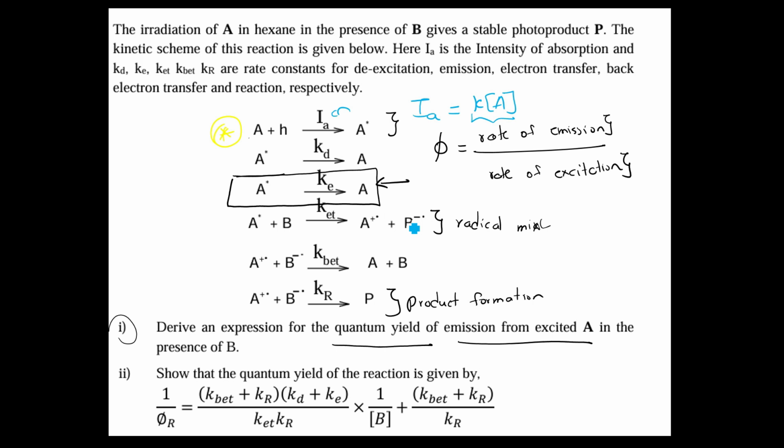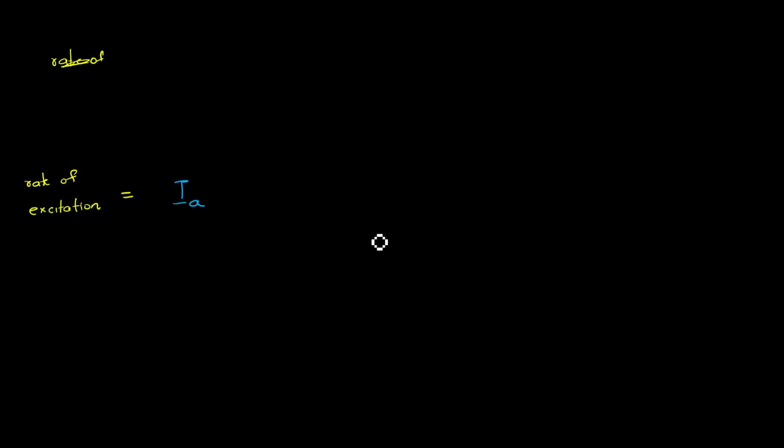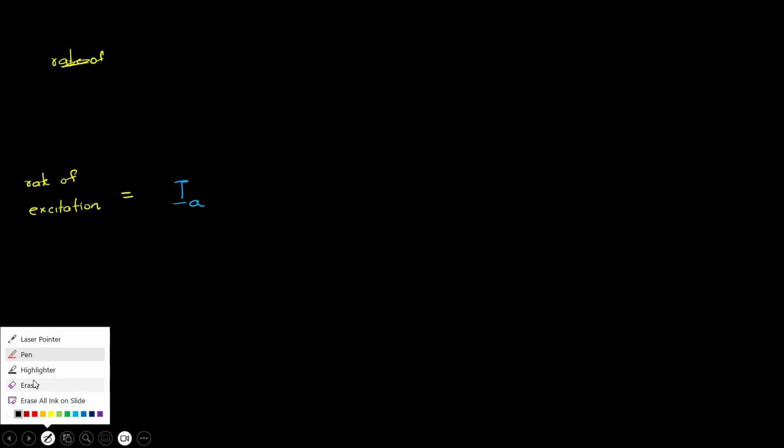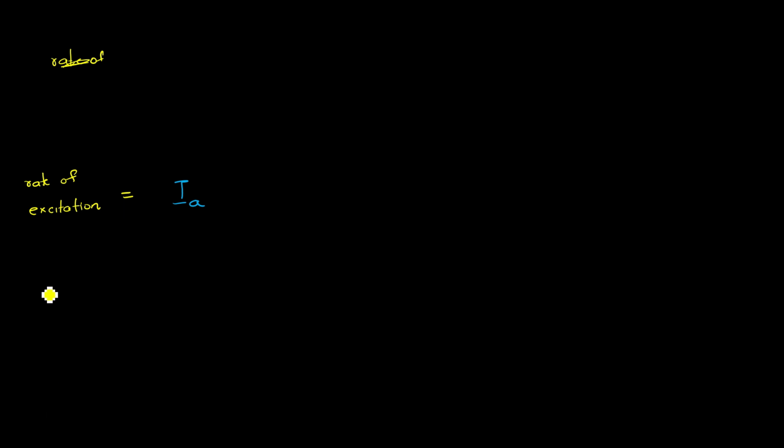Now what we are going to need is the rate of the emission, which is the rate of interest to us. These are the processes involved in our reaction. So now I'm going to introduce the expression for the rate of emission.